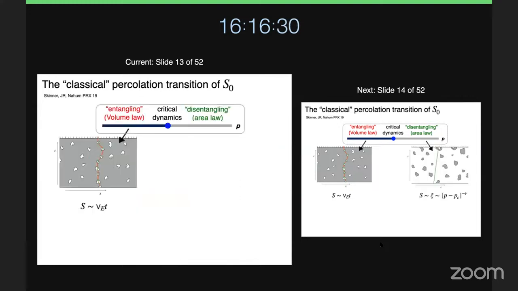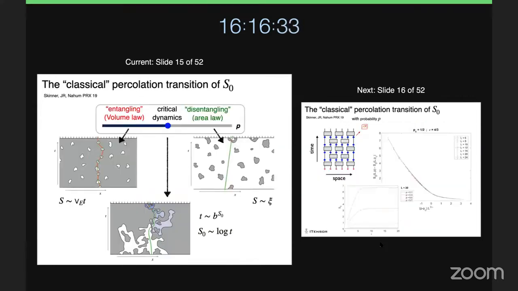So this leads to the prediction of three regimes. One regime where entanglement will grow linearly in time: the minimal cut will go through as many islands as it can, but eventually, if we make the circuit deeper and deeper, entanglement will grow. Then there is the mirror image of that.